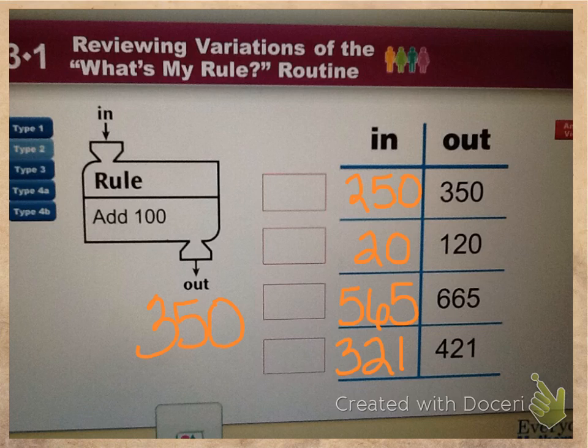So the way we check that is if I had put 250 up here and then I add 100 to 250, I get 350. Okay? So we're going to erase that.